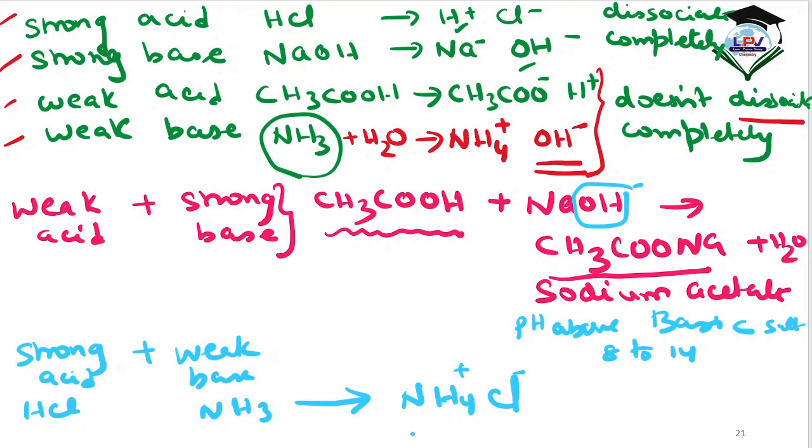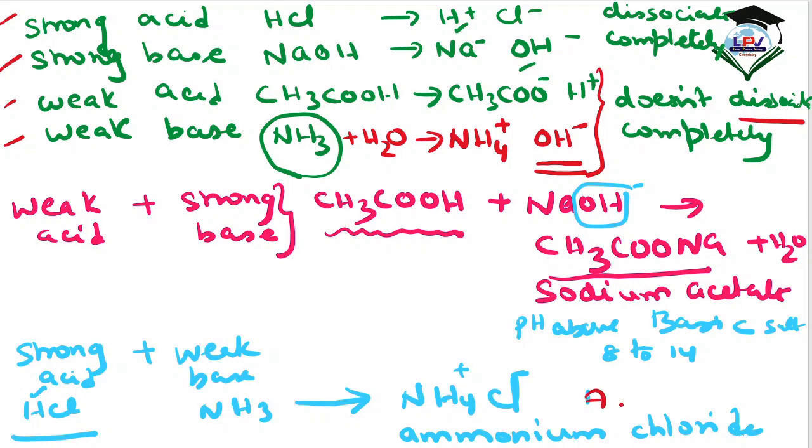Now this is ammonium chloride. In this ammonium chloride, the H plus ion is dominating because it is from a strong acid. So you will be getting the ammonium chloride at an acidic level.